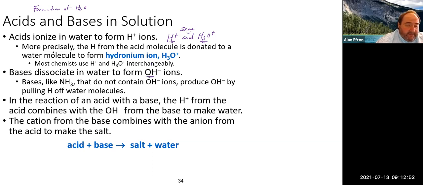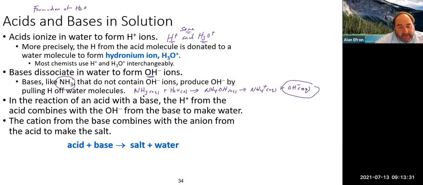Something like ammonia, which is a weak base as we talked about, does not have hydroxide in it, but when ammonia reacts with water, it produces something known as ammonium hydroxide, which is a strong electrolyte and will break apart into ammonium ions and hydroxide ions.